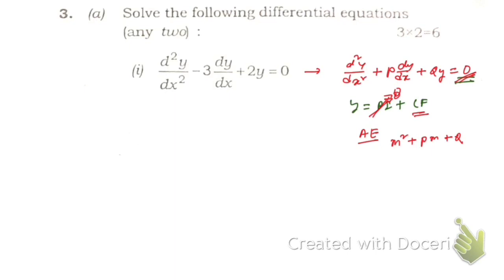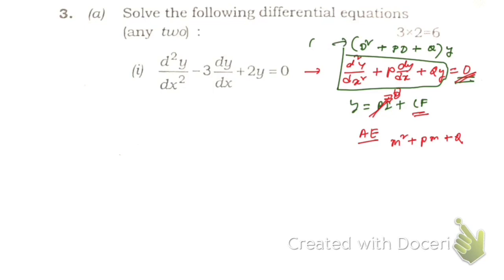This left hand side can be written in this form as well: D square, which represents the second order differential coefficient, plus p into D, D meaning the first order differential coefficient, plus q, and y can be taken out as common like this.